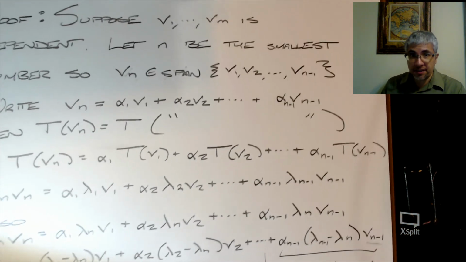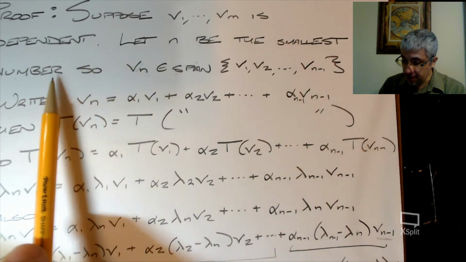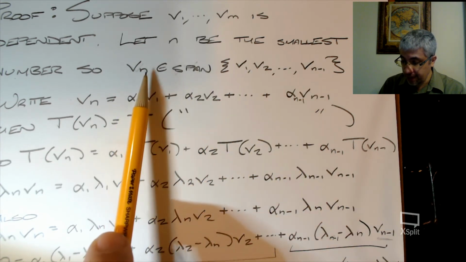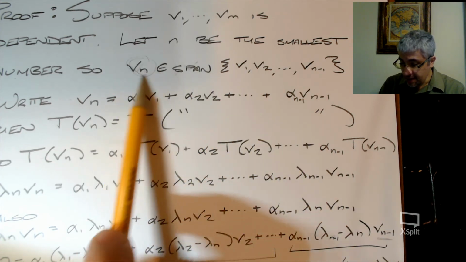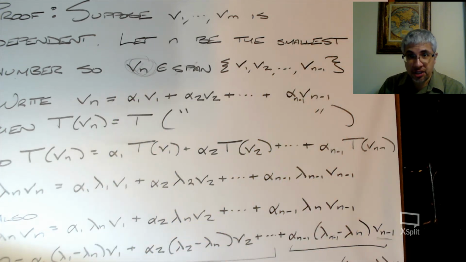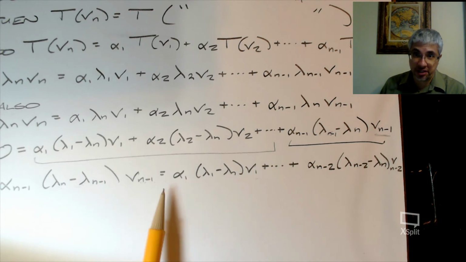But what was our main assumption? Our main assumption was that we picked the smallest number so that Vn was in the span of those before it, and that was n. So this can't be the smallest one that's a linear combination of vectors before it. If V n minus 1 is a linear combination of vectors that come before it, that is a contradiction.